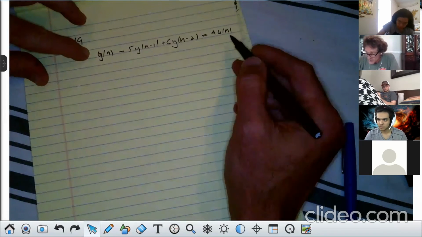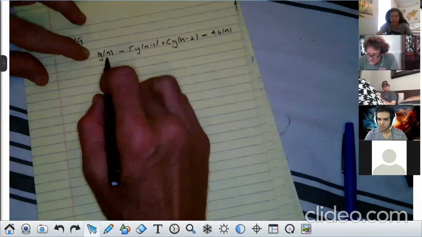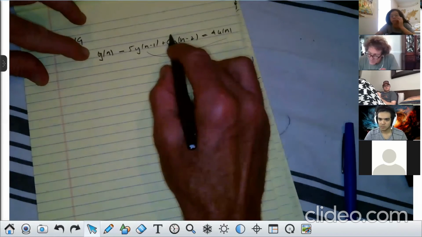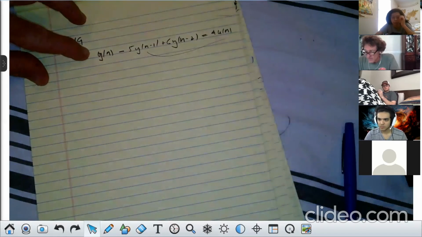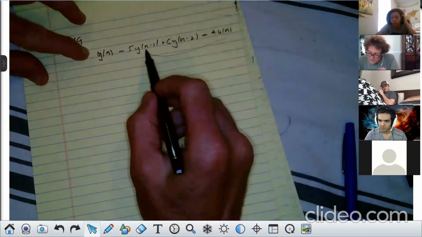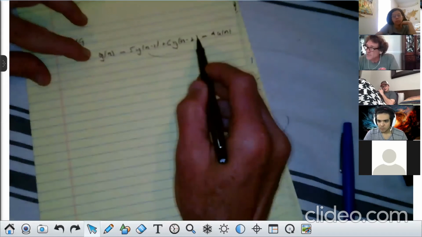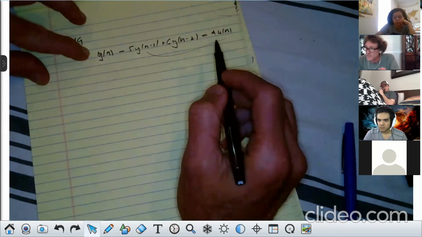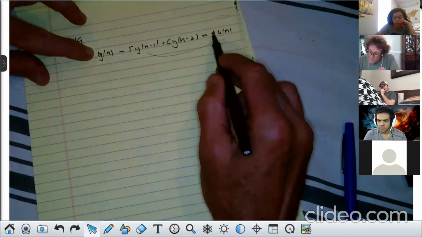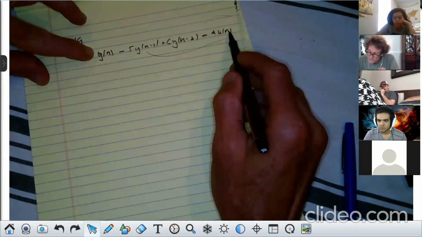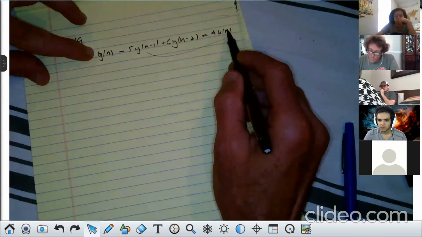One way to do it is recursively. You could take the y of n term on this side and move the other terms to the other side, start at n equals 0, get a value, and then get values on this side. Y of n minus 1 and y of n minus 2 would be 0, since there are no initial conditions. So y of 0 would be 4 times u of 0, which is 1, so y of 0 is 4. Now you have a value at 0.